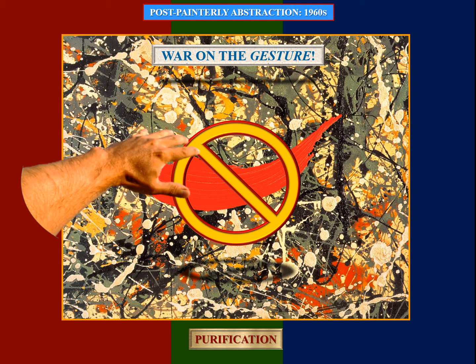A gesture implied, well, a hand, right, that made the gesture, the movement of the hand that produced the path of the gesture. And the argument is, well, what does a hand have to do with a painting? A hand is clearly outside the animal of painting.